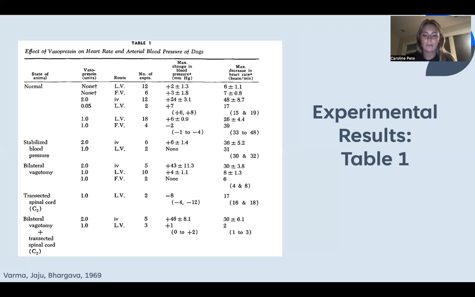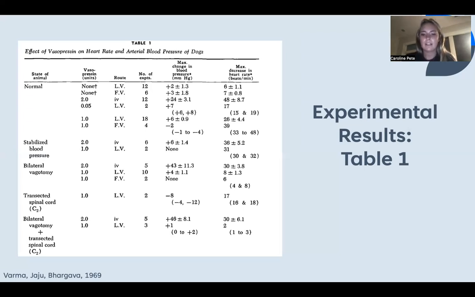Bradycardia, or slowing of the heart rate, began within 30 seconds, peaked at around 5 minutes, and lasted over 30 minutes. The mean maximal increase in the arterial blood pressure was 24 millimeters Hg, and the mean decrease in heart rate was 48 beats per minute.